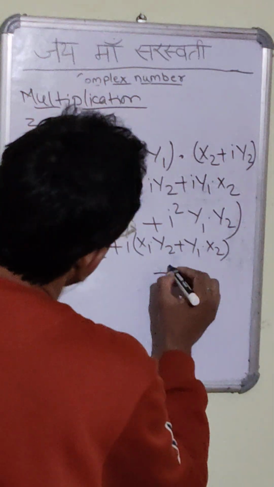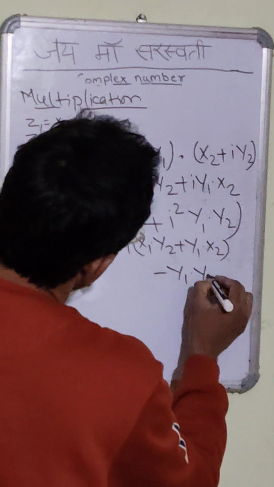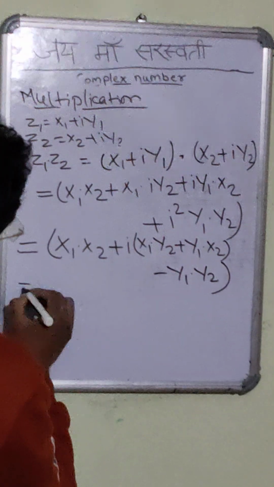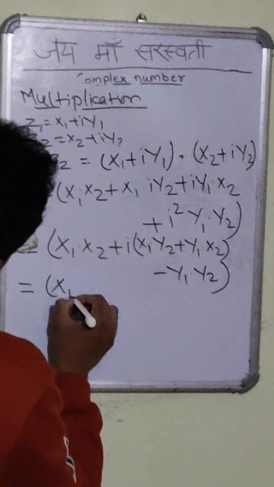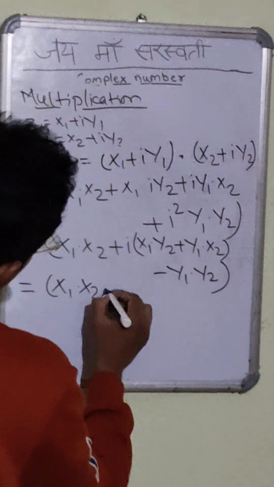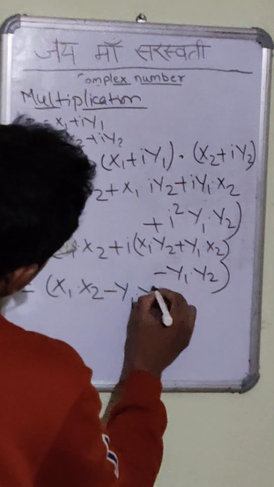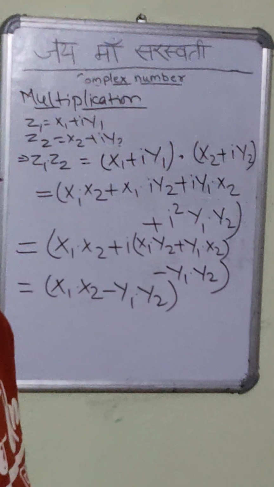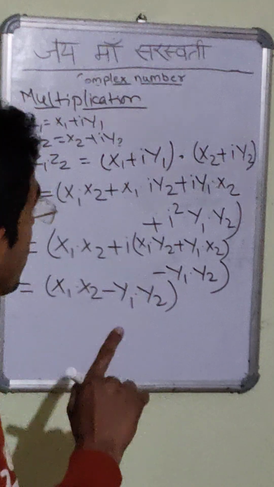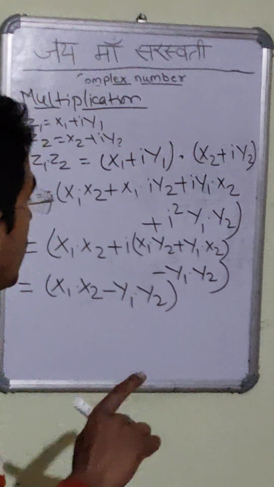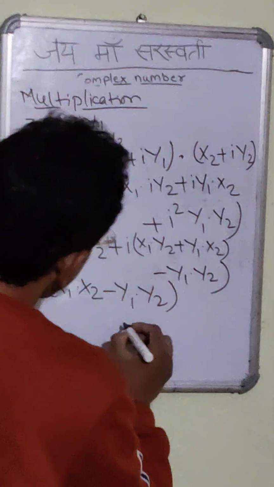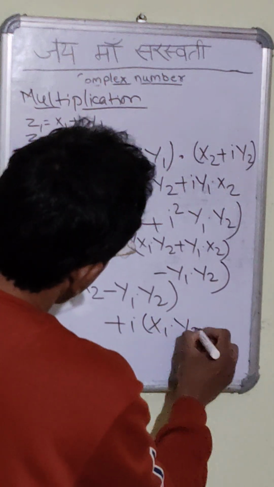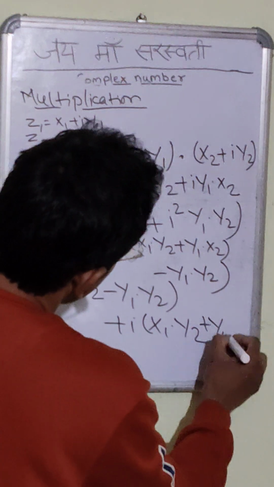So it will be minus y1 into y2. So it is basically x1 into x2 minus y1 into y2. We will take the real parts together, and the part associated with iota we will separate out. So it will be i times x1 into y2 plus y1 into x2.